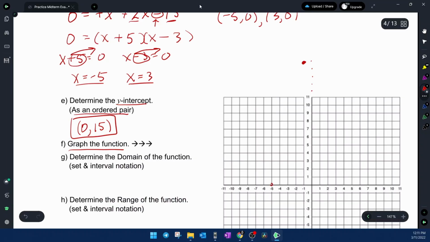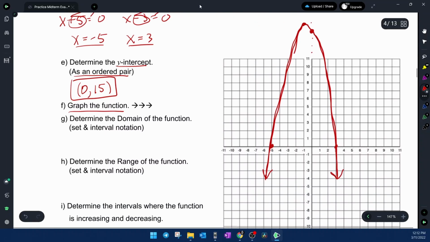X-intercepts of negative 5 and 3. A y-intercept of 15, which is going to be about here. And then we can draw our parabola. There you go, something like that.